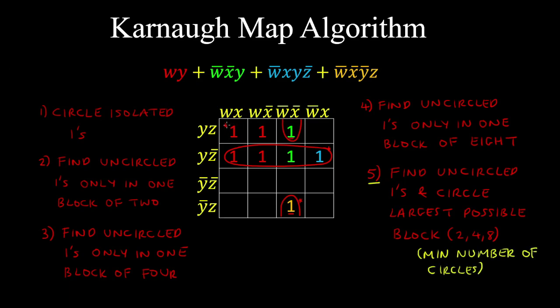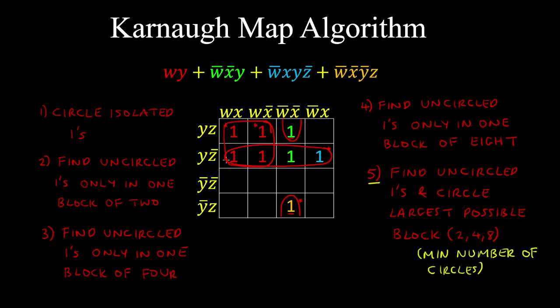So as we can see, this one over here belongs to a group of 4, and this is our other uncircled one that also belongs to a group of 4. So either choice is going to give us a minimum number of circles. So we'll just take this block of 4 over here. And now we're left with no uncircled ones, so we're done.